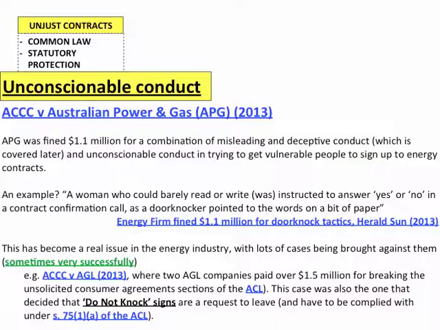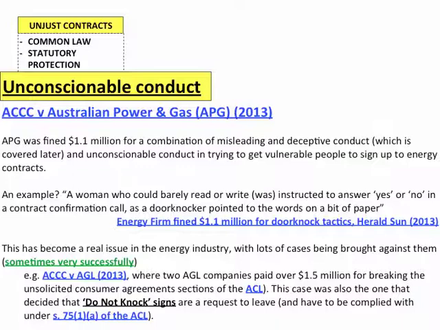And the AGL case was the one that held that do not knock signs are a request to leave. Right? So you may have seen a do not knock sticker on someone's door. In this case, they had a sticker that said do not knock, but the person knocked anyway and ignored it.